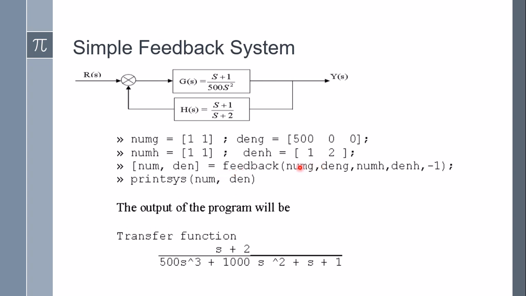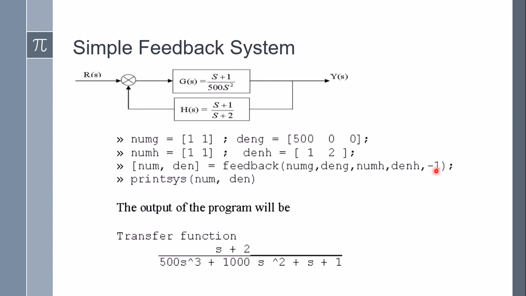So feedback of first system, comma second system, comma the type of feedback. This is the template. That is feedback of numerator polynomial of the forward path, comma denominator of the forward path, comma numerator polynomial of the feedback path, comma denominator polynomial of the feedback path, and then the type of feedback.